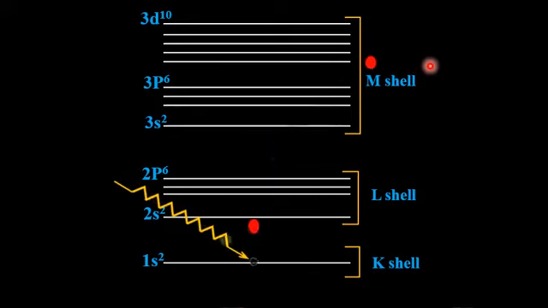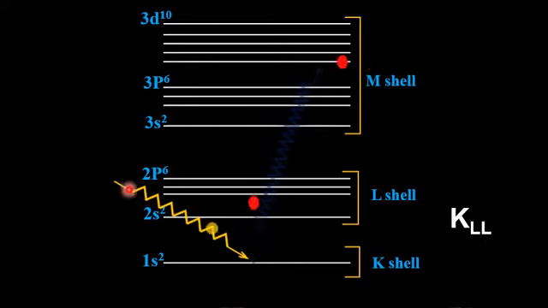So if I conclude the electron transition which generates an Auger electron, it will be like this. Consider an electron present in the core energy level K shell.